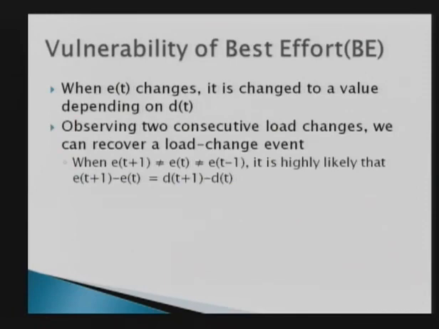If we observe 2 consecutive load changes in the external load ET, then we can guess that the derivative of these 2 loads is actually the actual demand. From our experiment, we can show that the guess is pretty accurate. I will show the experiment result later.